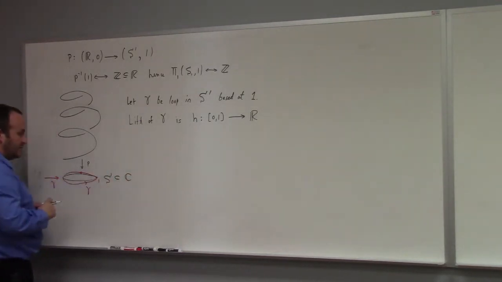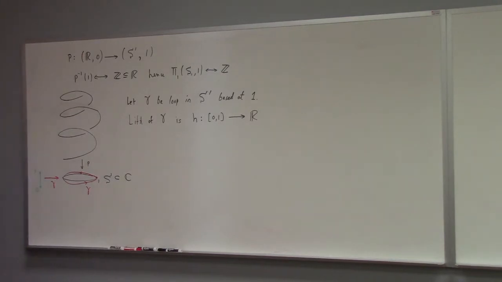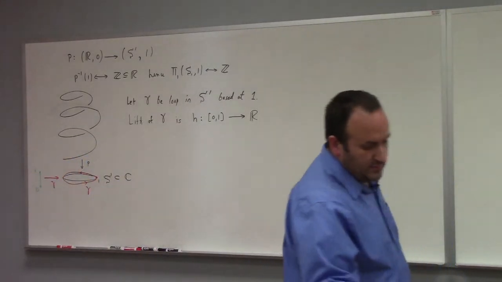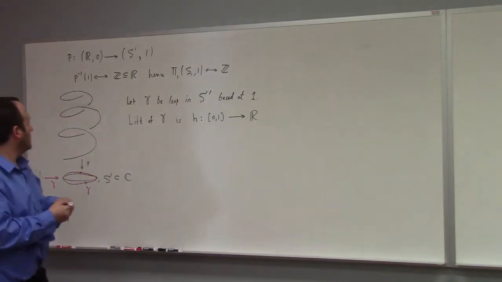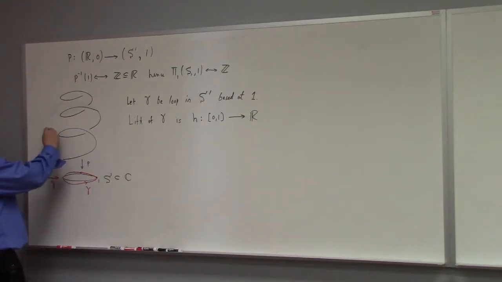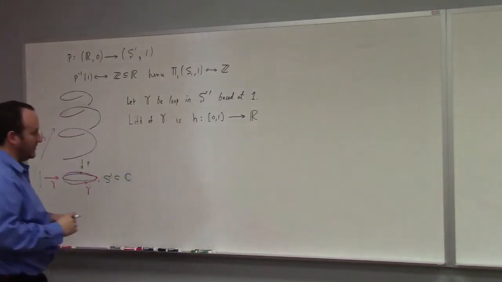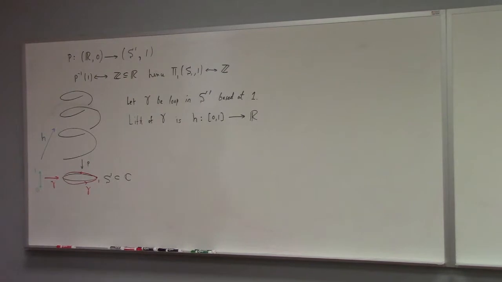That's our model for the circle, the unit circle, in fact. And the lift H, if I had to picture it in this picture, is a mapping from [0,1] up to R, where I'm envisioning R as the helix again, like we did, right? So this is H, though, right? And how is that H related to gamma? Like, what's the rule? How does it work?